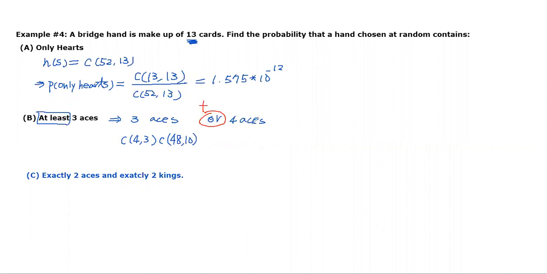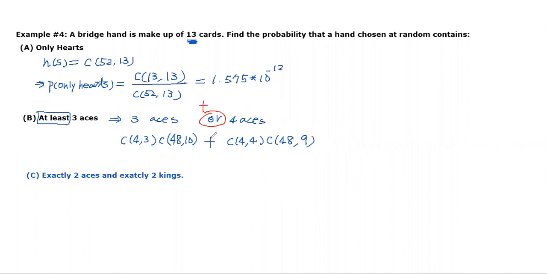Okay, let's take a look at the total. For 4 aces, out of the 4 aces I choose 4. The non-aces are 48 left, but since I chose 4, I only have 9 cards in my bridge hand.